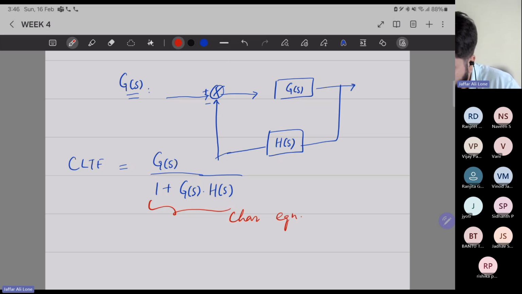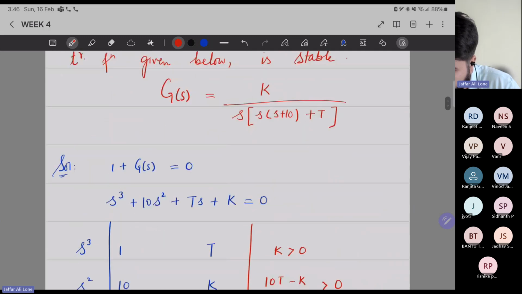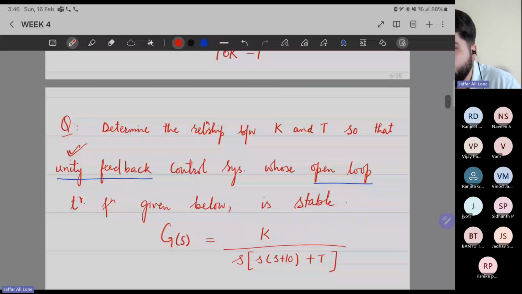Now, coming to this question, it is given that we have a unity feedback. If it is written unity feedback, you have to understand it's unity negative feedback. Otherwise, if it has to be positive, they will mention that it is a positive feedback. Whenever nothing is mentioned about the feedback, you have to assume that it is negative feedback.